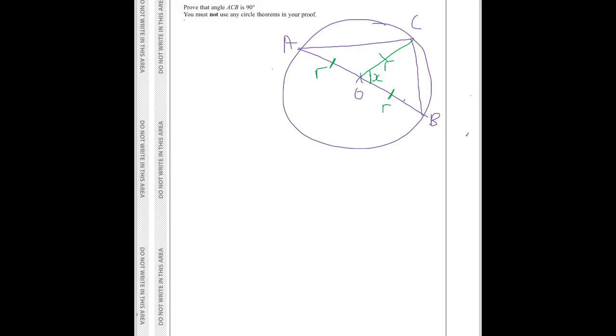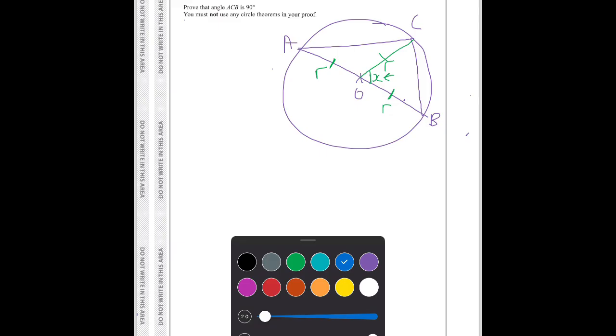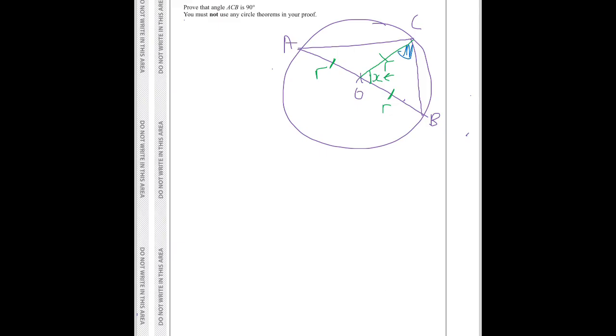So if this is angle X, I'm going to start by finding an expression for this angle here. Let me communicate to the examiner what I'm writing. So we'll say let angle COB equal X. Then, if this is an isosceles triangle because we've got two radiuses, the two blue angles are equal.